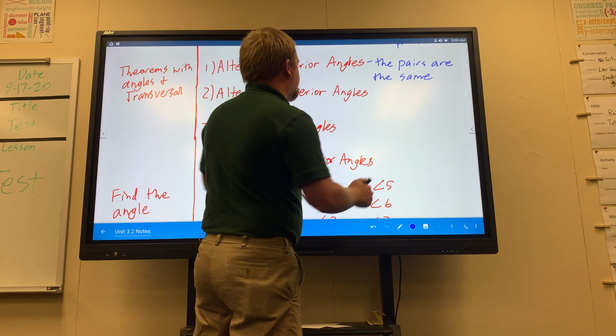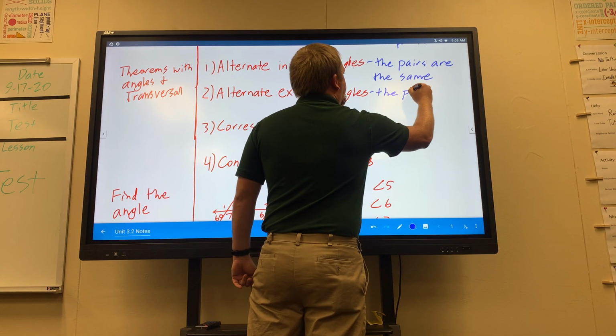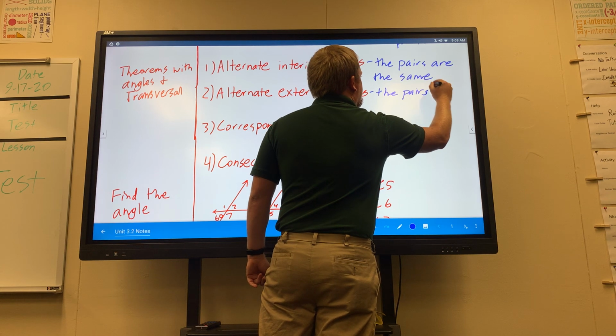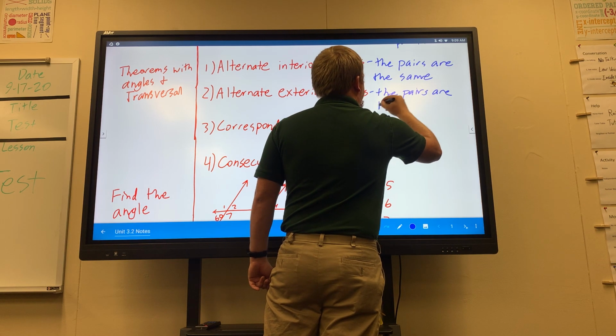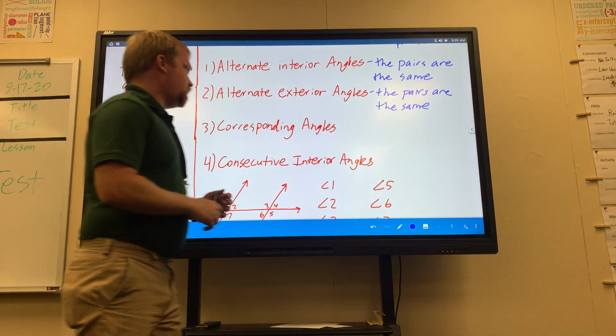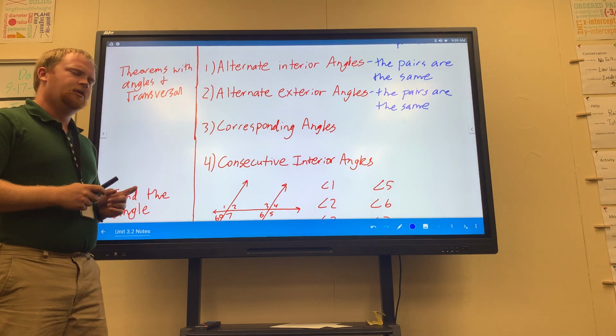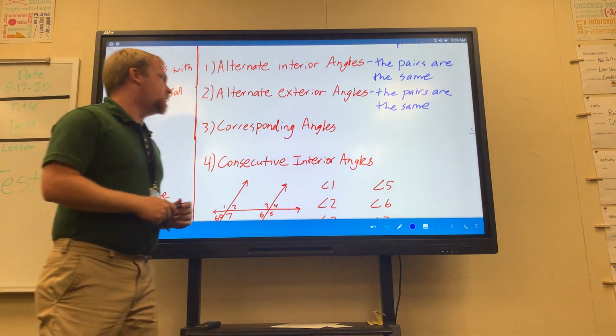Now, alternate exterior angles, the pairs are the same. So even with alternate exterior angles, the measurements are going to be the same as well.